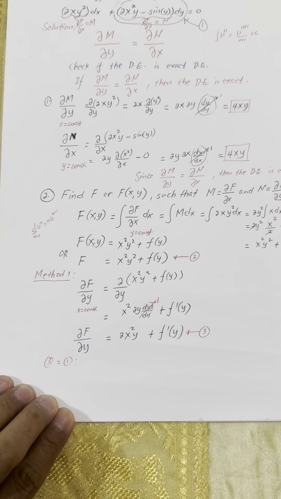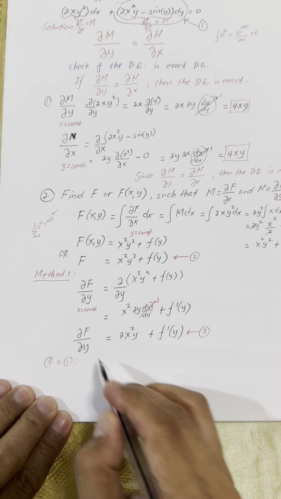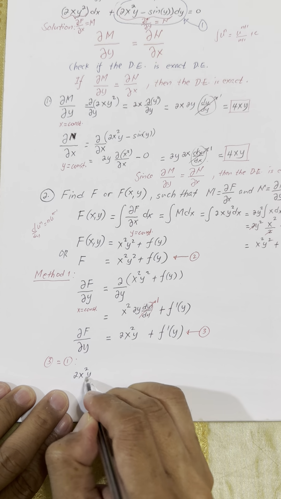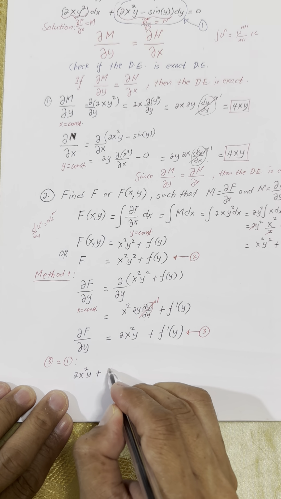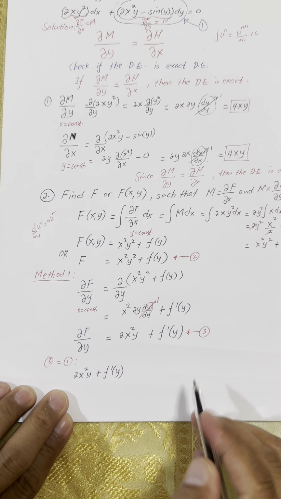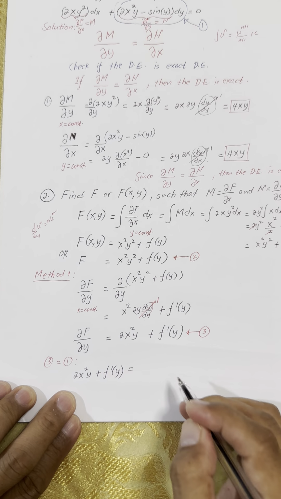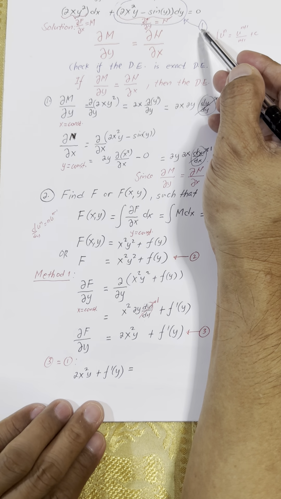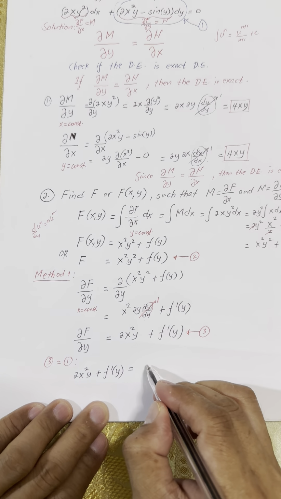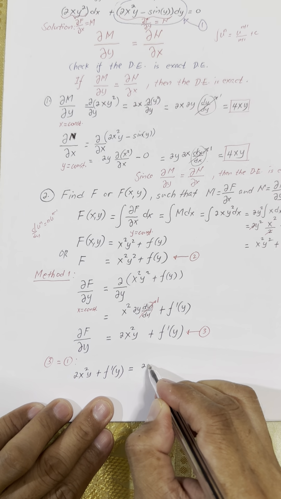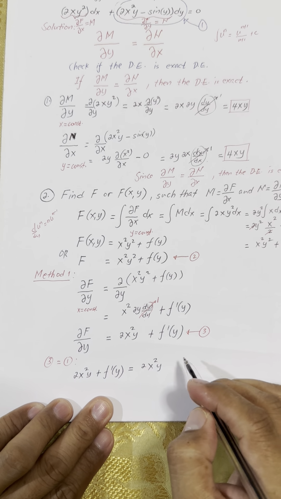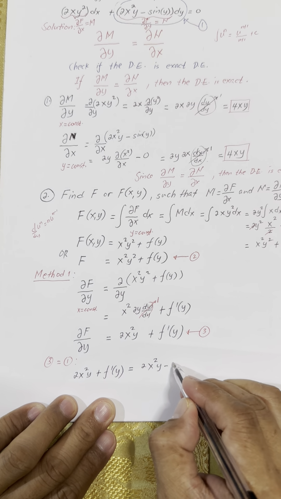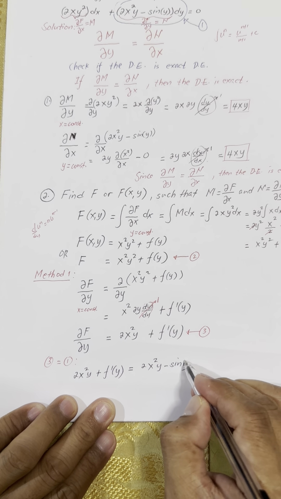Let's write first the right side of equation 3, which is 2x squared y plus f prime of y, equal to the other partial derivative of f with respect to y in equation 1, which is 2x squared y minus sine of y.